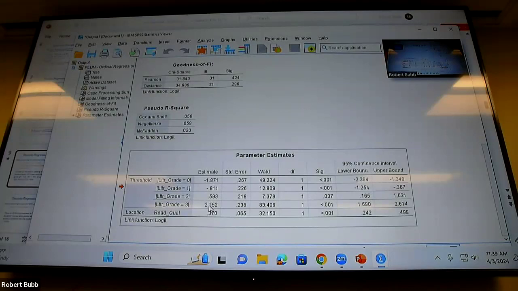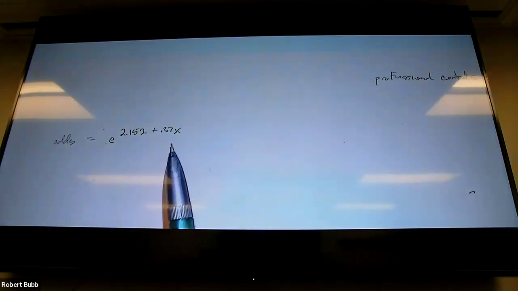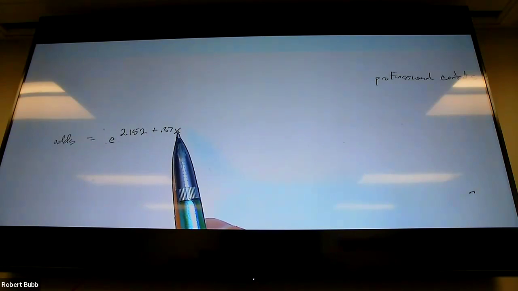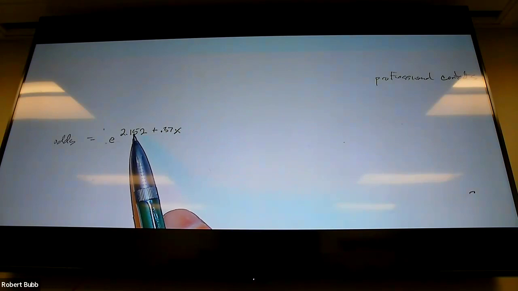So again, a letter grade of B to an A, plus 0.37 times the reading quality. If that makes sense, right? So for every unit increase in your reading quality, you're adding 0.37 to that particular base.